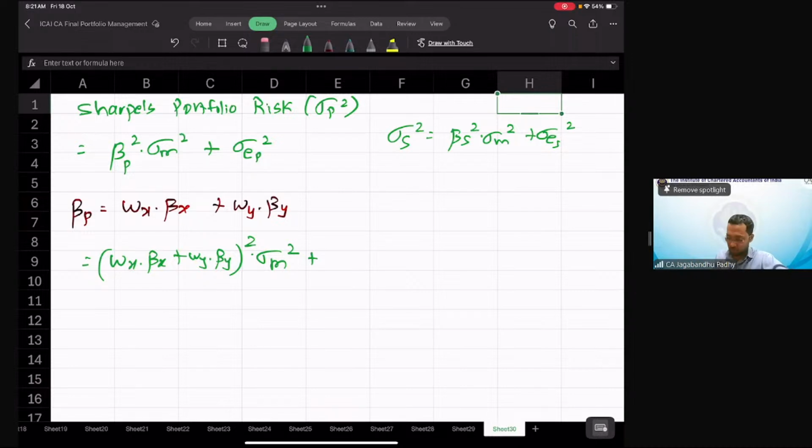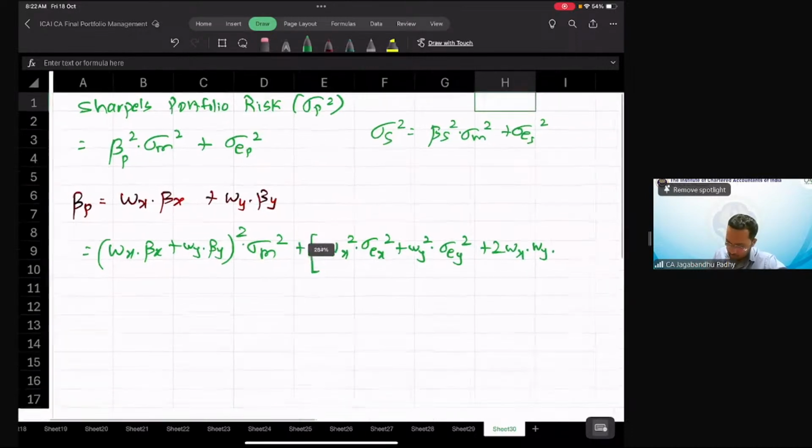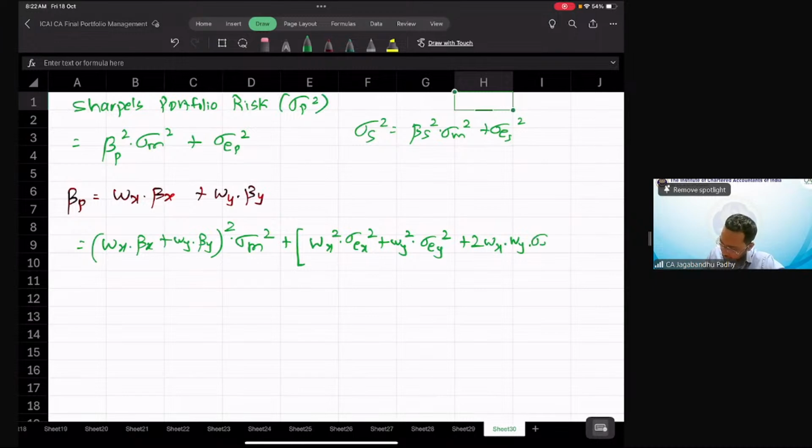So the Markowitz formula will be stated over here as simply weight of x square into variance of error of x plus weight of y square into variance of error of y plus 2 into weight of x, weight of y, standard deviation of error of x, standard deviation of error of y, into correlation between error of x and error of y.